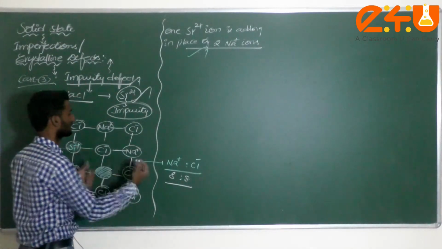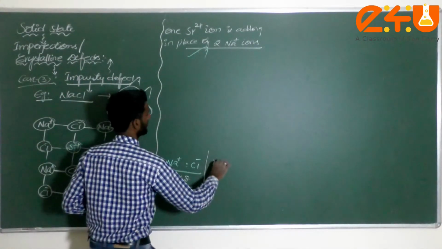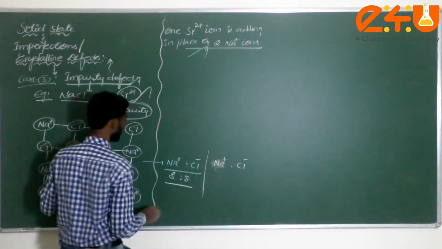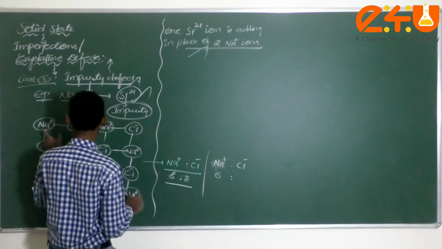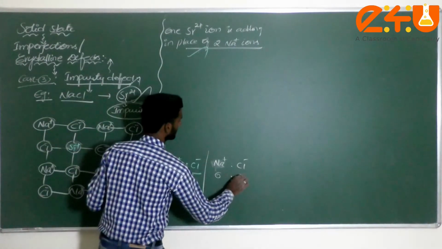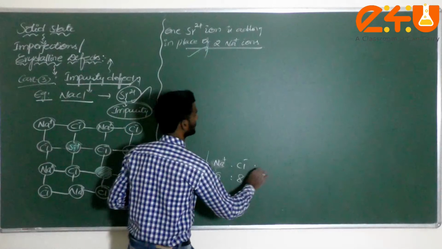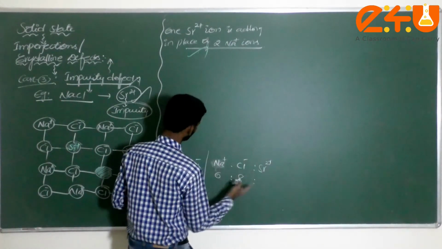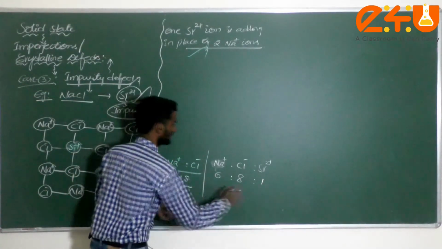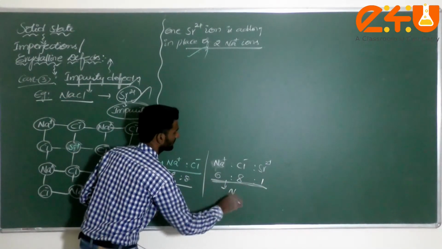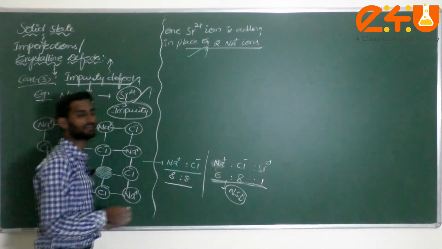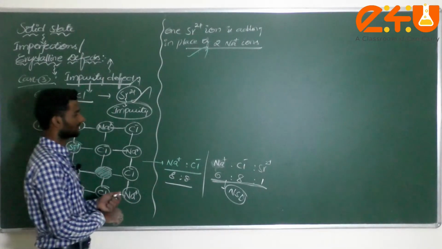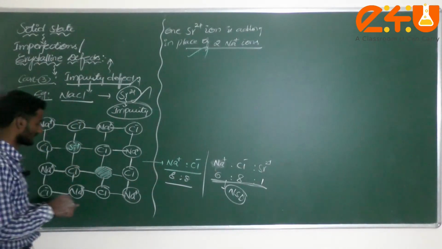But after adding it, Na+ becomes 8 minus 2, which is 6, Cl- remains 8, and we introduce 1 Sr2+. That's why it is called a non-stoichiometric defect.